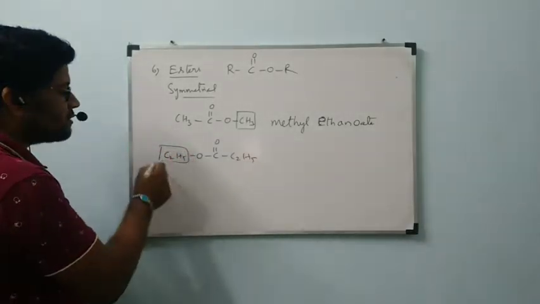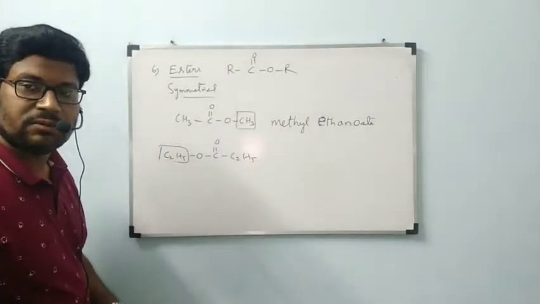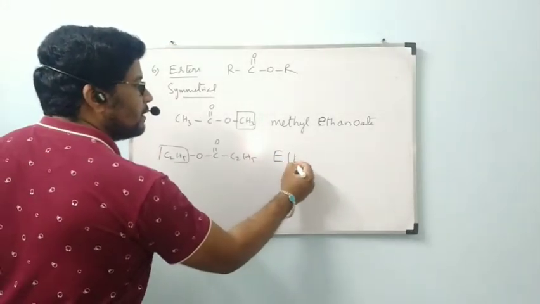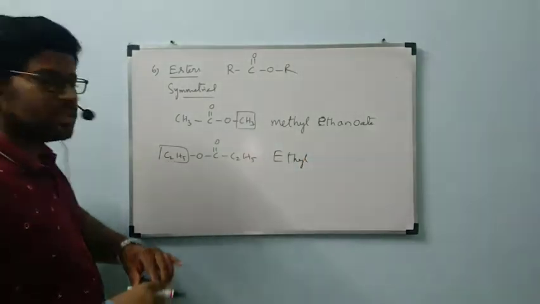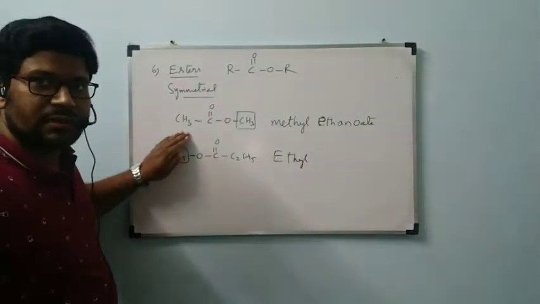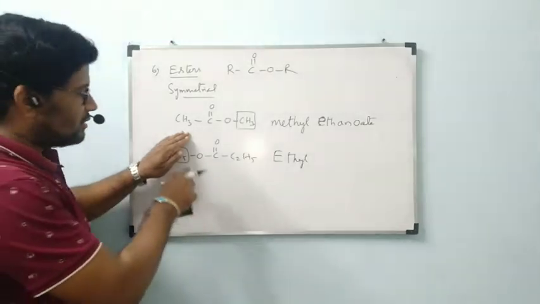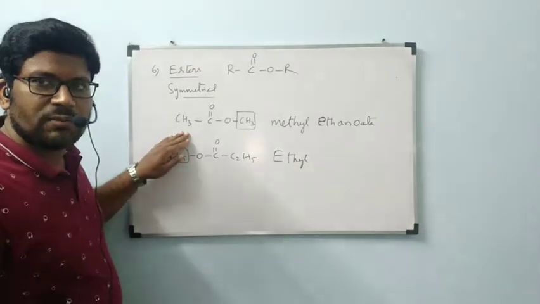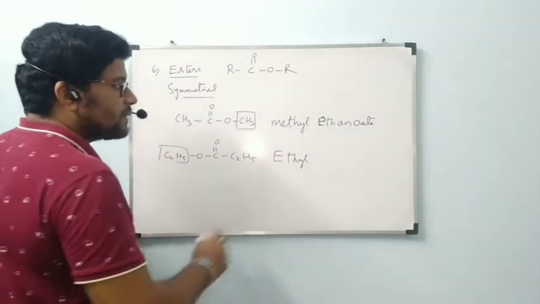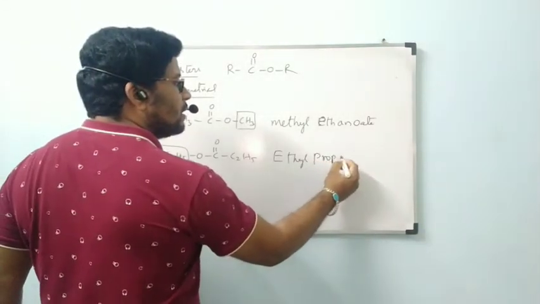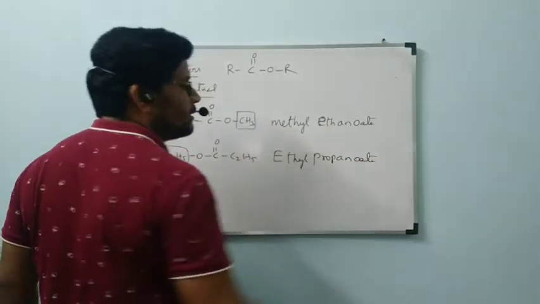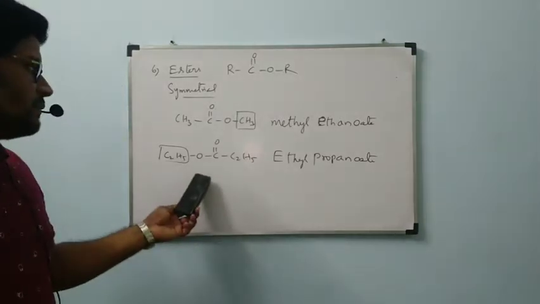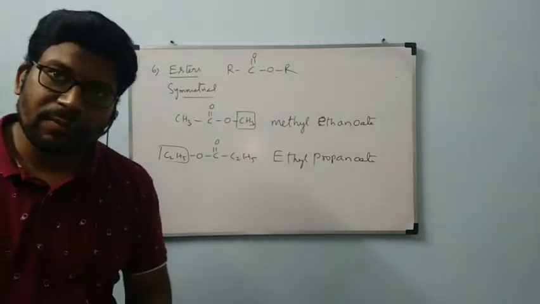That one must be kept in a box. What is the name of that alkyl group? Ethyl. Write that ethyl group here. After writing the name, close that one. Outside, how many carbons do we have? If we close that alkyl group, how many carbons remain? Three carbons. Three carbons means root word prop and oate. Ethyl propanoate. The name of this compound is ethyl propanoate.